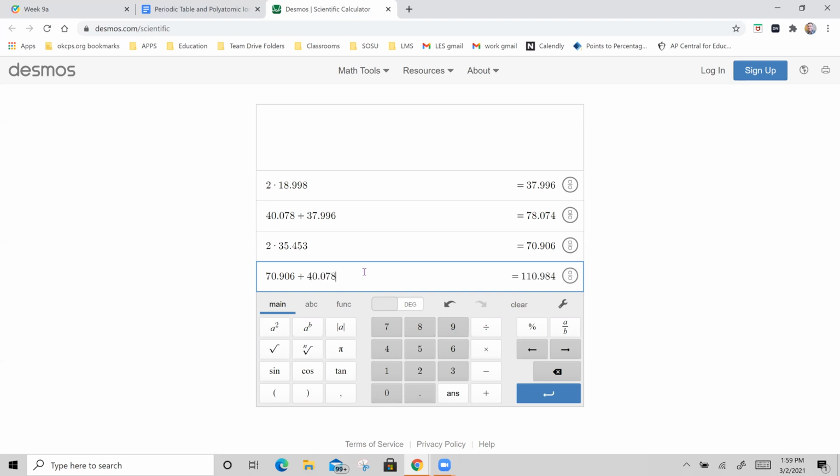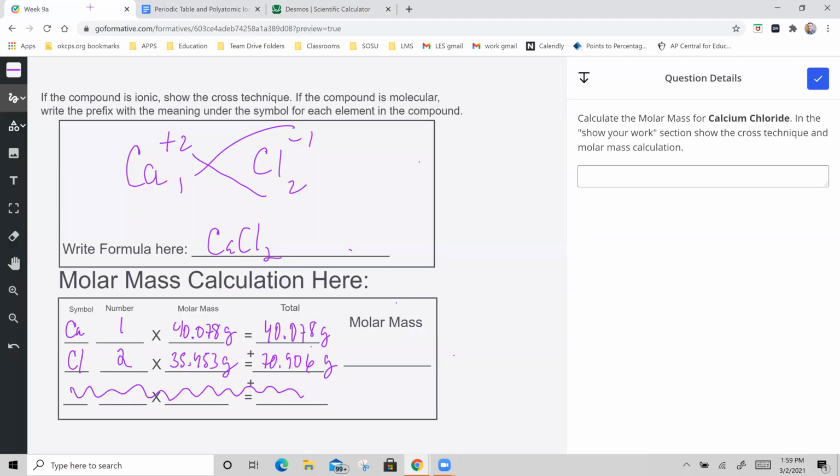There we go. And we get 110.984 grams. And so we can plug that in. My keyboard is not working right now, so you would just type it in right there, and hopefully that would work out.